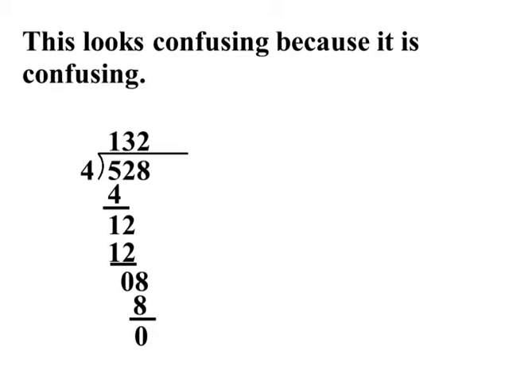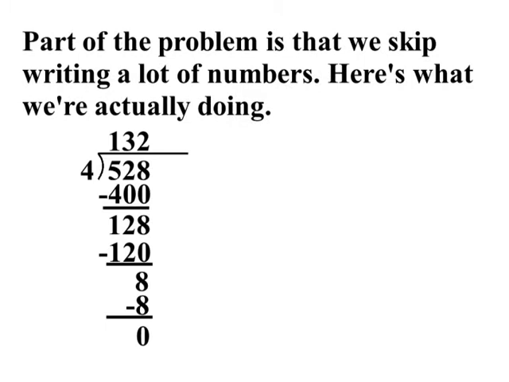The secret is that the person performing the long division only writes down the numbers that are absolutely needed to perform each step. This saves time and it avoids mistakes, but it also obscures the underlying mathematics. Here's what the same problem would look like if we were to write down all of the numbers in each step.